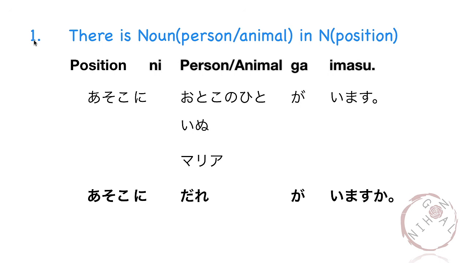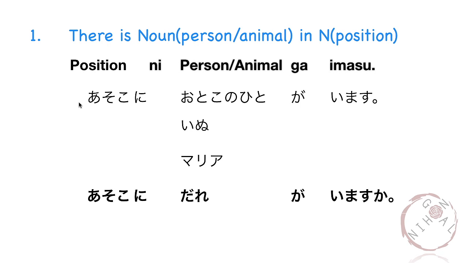Okay, now time to review what we've learned today. The first one is saying that there is a noun, such as a person or animal, in a position or in a place. So we use position ni person or animal ga imasu.